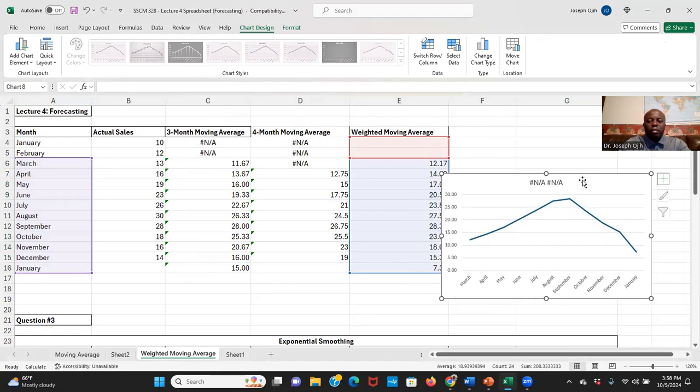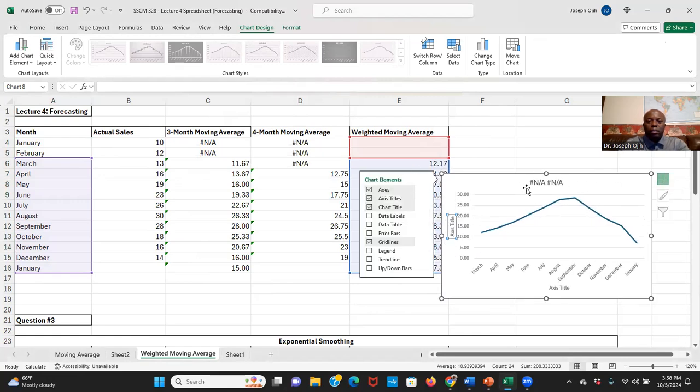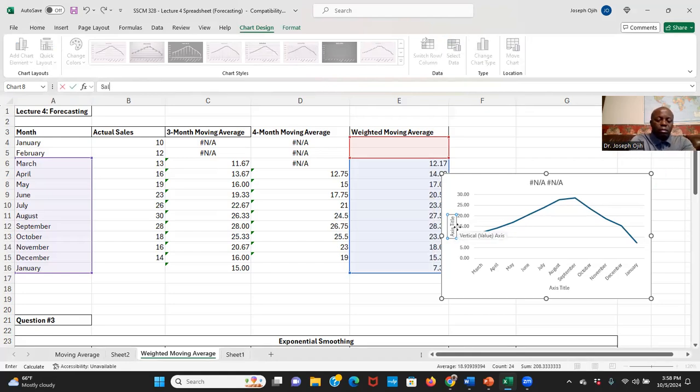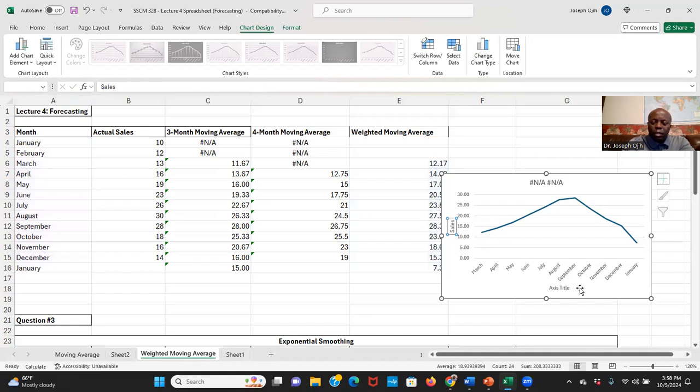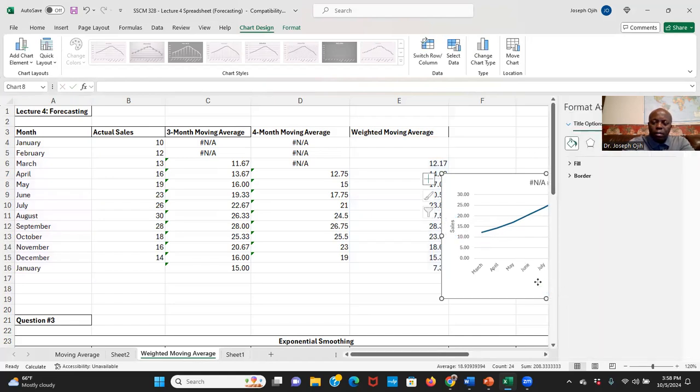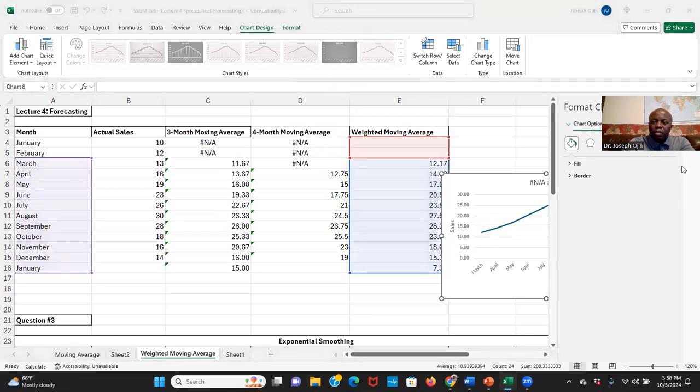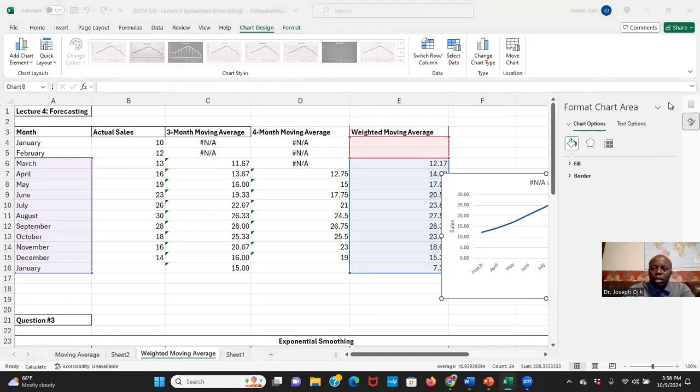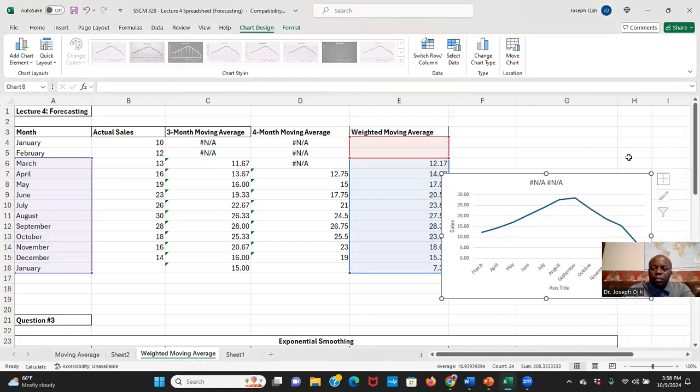Now I can add labels, as this one, the sales cells. Let me bring this and close this now. Close this out. Okay.